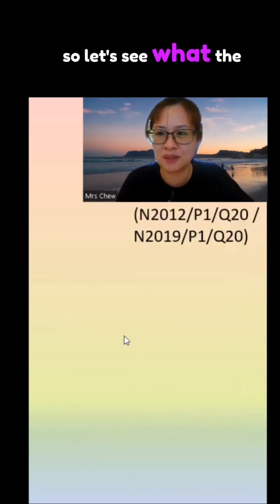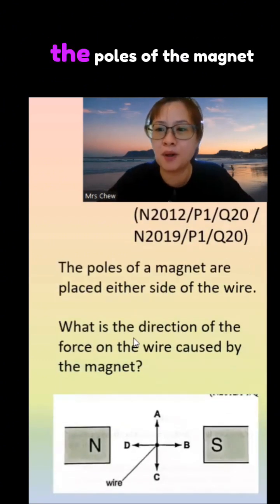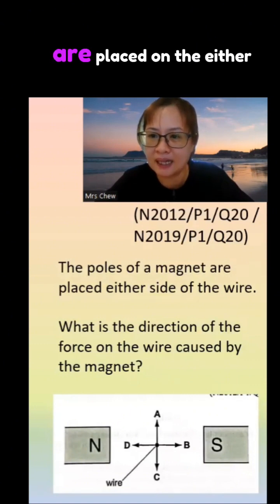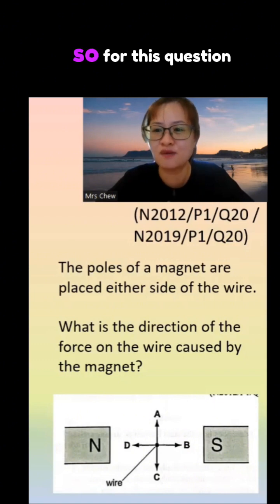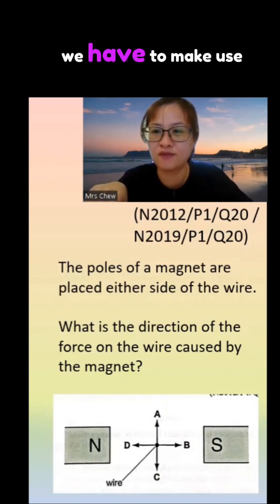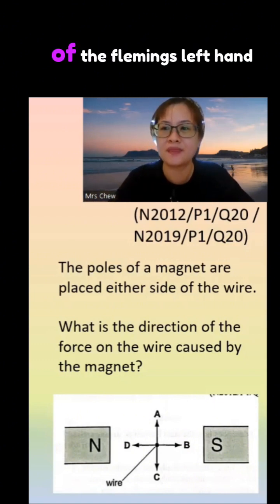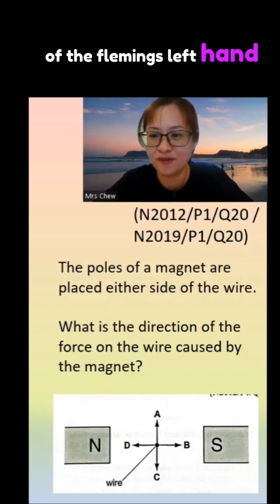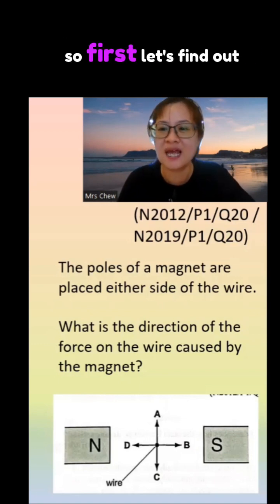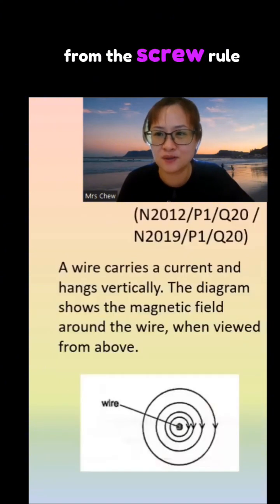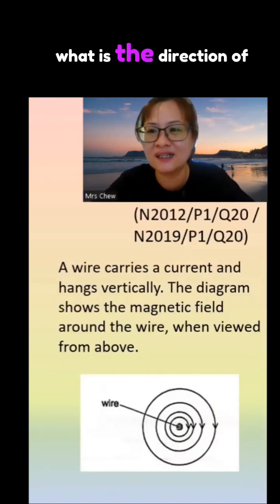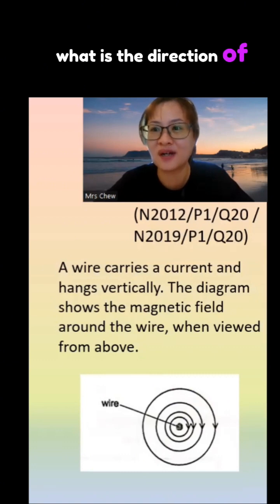So let's see what the question wants us to do. The poles of the magnet are placed on either side, and what is the force now? For this question, we have to make use of Fleming's left-hand rule, okay? So first, let's find out from the corkscrew rule the direction of the current.